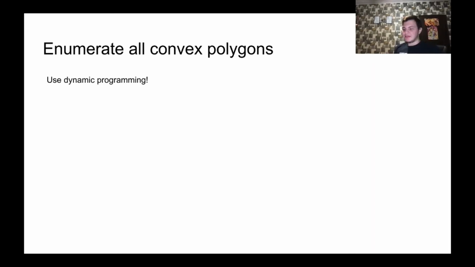And well, let's just use dynamic programming here, as in a way we want to count something. We have a bunch of polygons and we want to find the k largest areas.